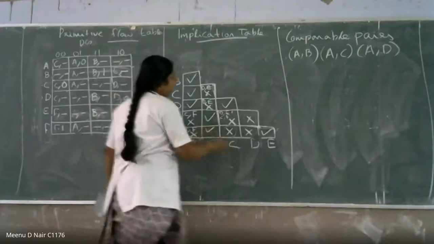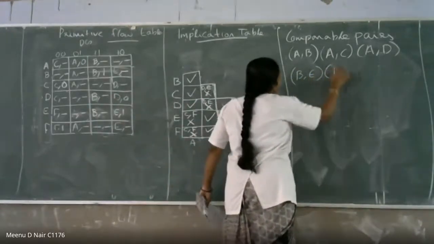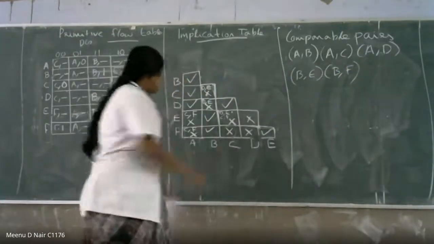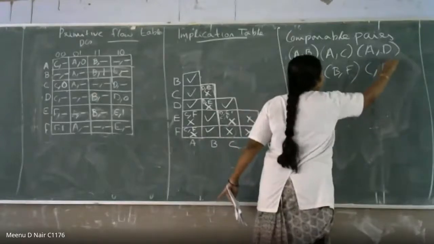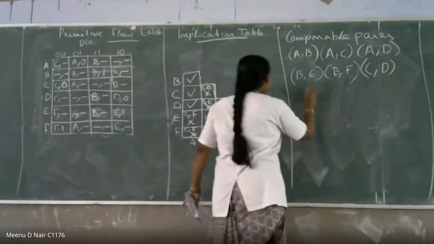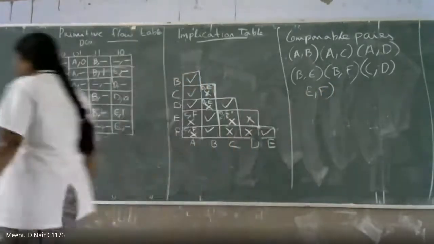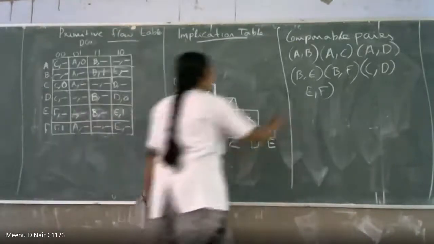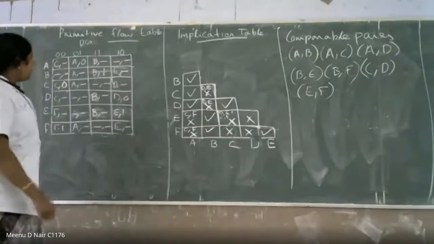BE, BF. B comma E, B comma F. Then what is next? C comma D. Then last one is E comma F. These are your comparable pairs.